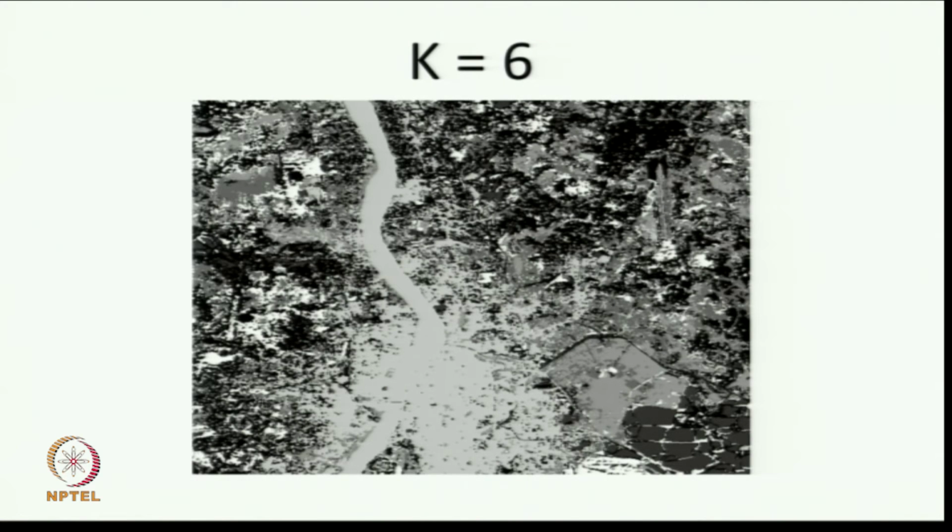This is for k is equal to 6. Here river and city portions are mixed up, but except that this is the pond water. Pond water, this color you see at many other places also. But if you ask me, ultimately my conclusion is that they are giving you clustering.